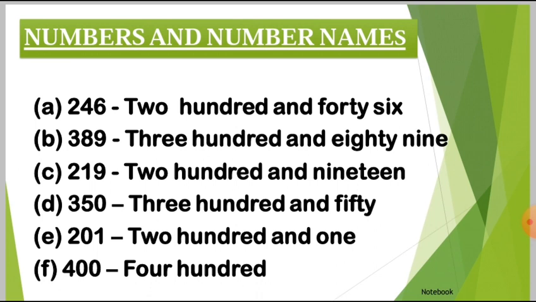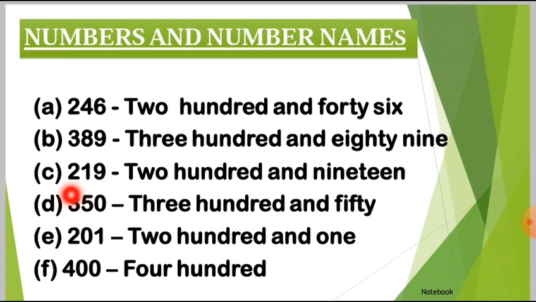Okay. Now the next is writing the numbers and number names. So children, look at these numbers. 246. Which number is this? 246. Okay. Now next is 389. How to read? 389. Next one, 219.